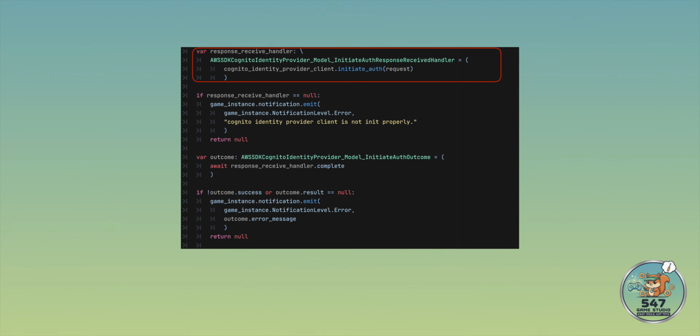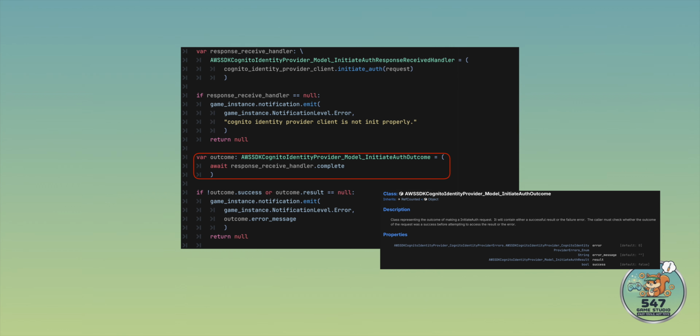In fact, every function in the Cognito identity provider client class returns its own corresponding response received handler. Each handler contains a complete signal, which allows us to use GDScript's await keyword to receive an outcome object. Just like the handlers, the outcome type is specific to each function, in this case, an AWS SDK Cognito identity provider _model_initiate auth outcome.